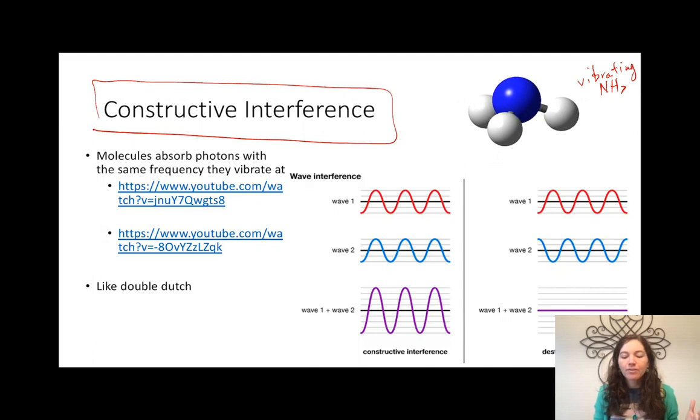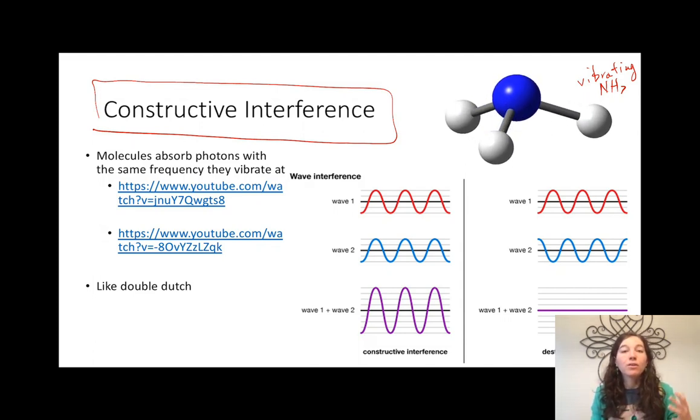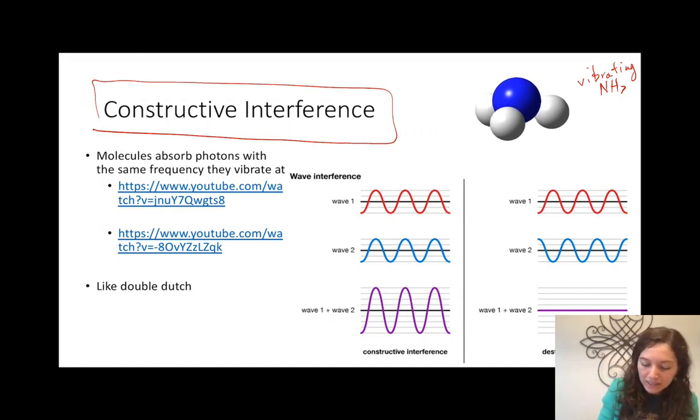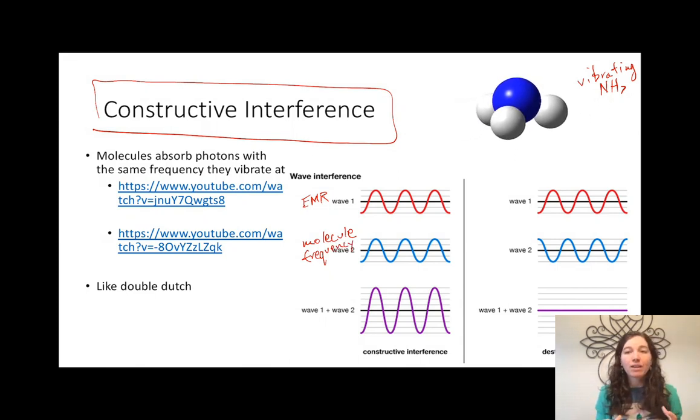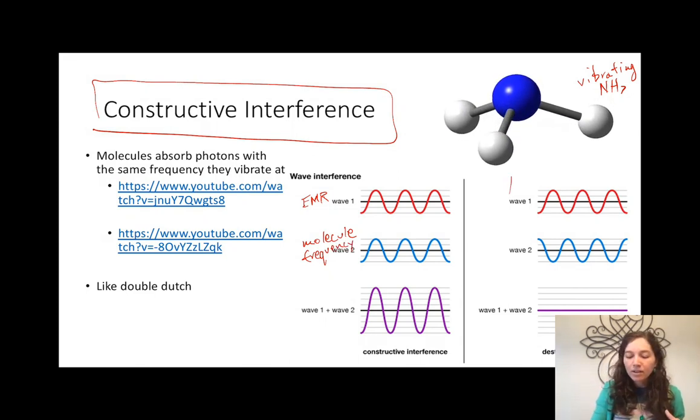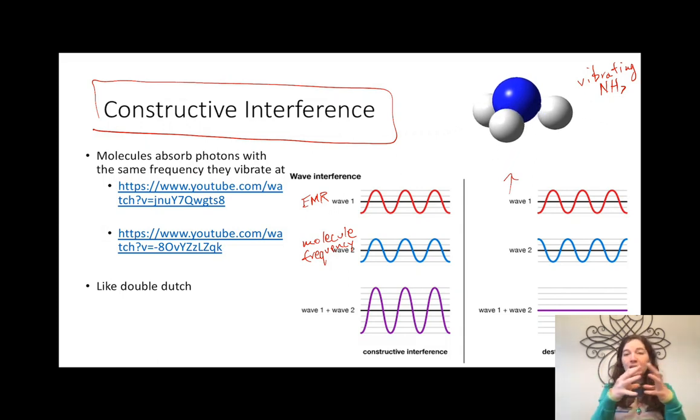When you have an electromagnetic wave interact with the frequency of the molecule, so let's say this is your EMR, and this is your molecule frequency. Now you might not think of molecules as having a frequency, but we can see this molecule expanding. It does have a frequency.